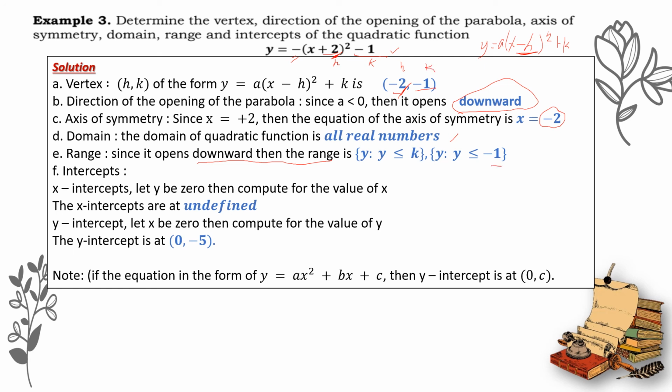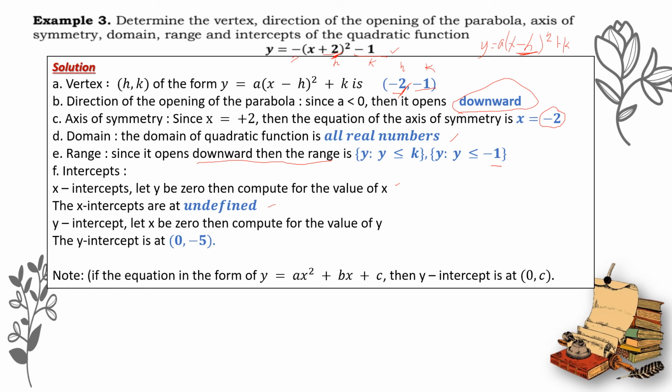Okay. The intercepts. X-intercept, so let y be 0. Then, compute for the value of x. So, pag kinompute po natin yung value ng x, hanapin po natin yung x-intercepts niya. Mapapansin nyo po, kapag grinaph po natin to negative 2 and negative 1, hindi po siya dadaan sa x-axis. Nasa gitna po siya.